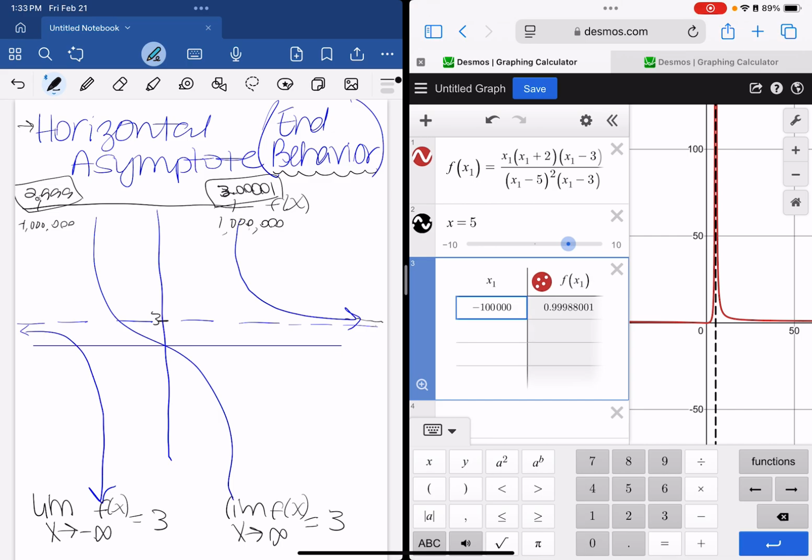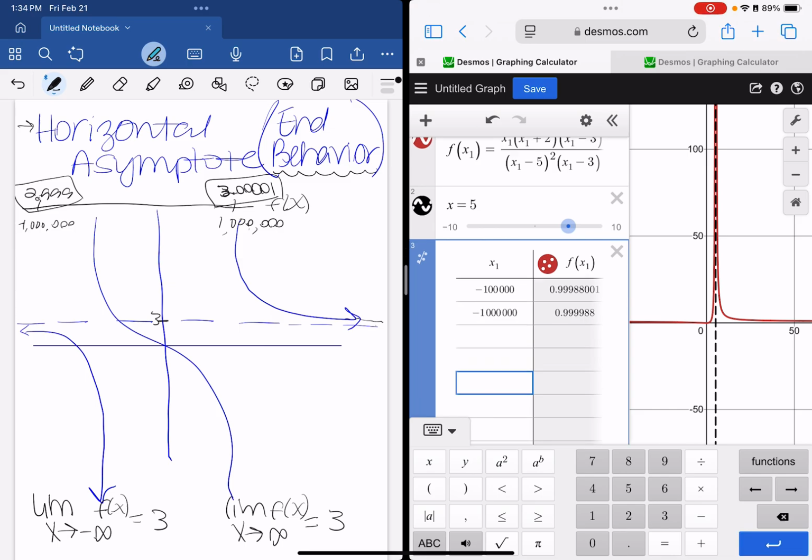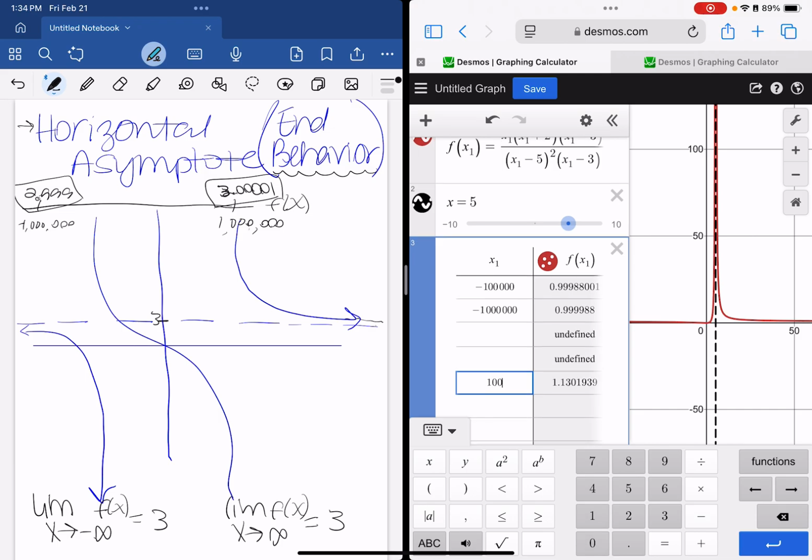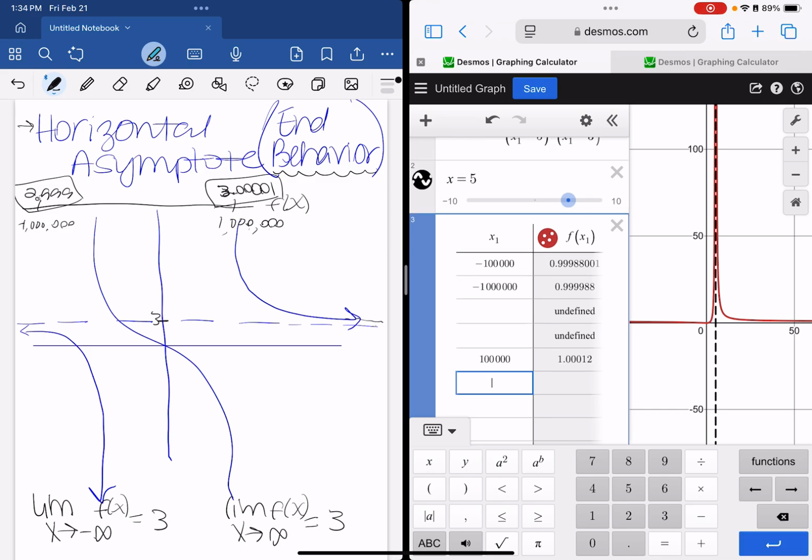And you can see that it's 0.999, which is almost 1. Let's say I make it larger, negative 1 million. It's even closer to 1. So let's skip a few. And let's say if I were at the other extreme of the table, when I'm going to 100,000, it's a little bit above 1. And if I go to 1,000,000, it's still a little bit above 1.